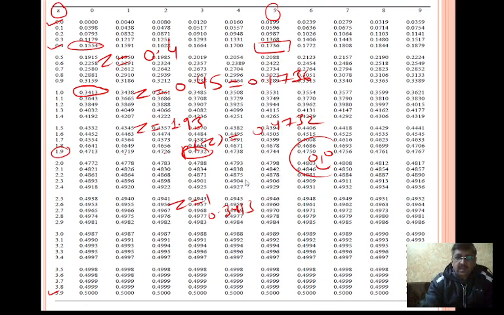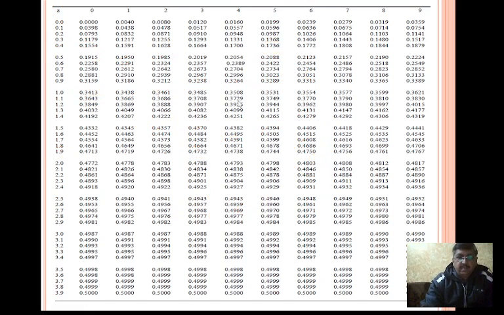I'm erasing the ink on the slides again for better understanding, right? And here, can you see where 2 is? Yeah, this is 2.0. If you are interested in the probability of 0 to z to 2, if it is -2 or +2, it doesn't matter.